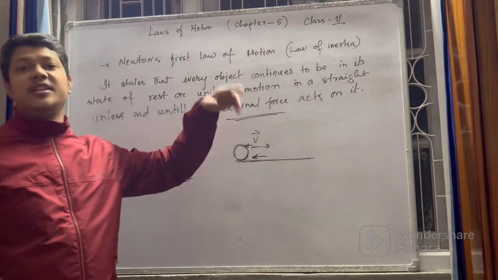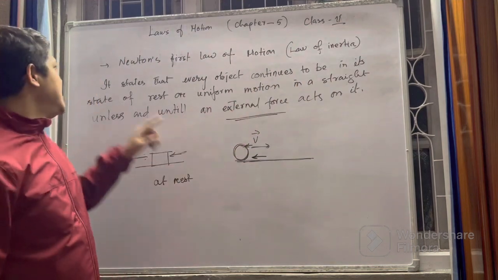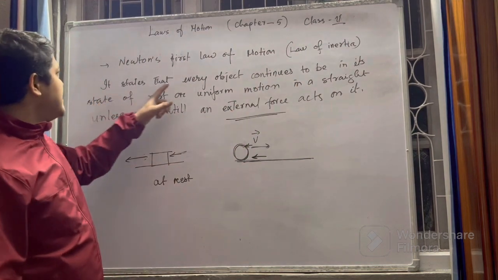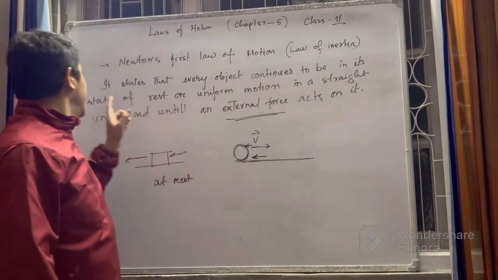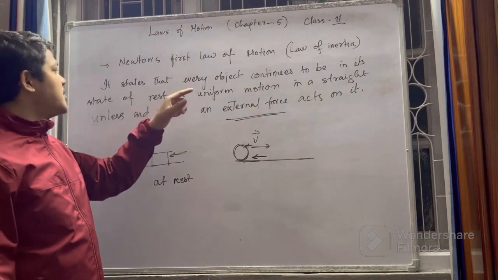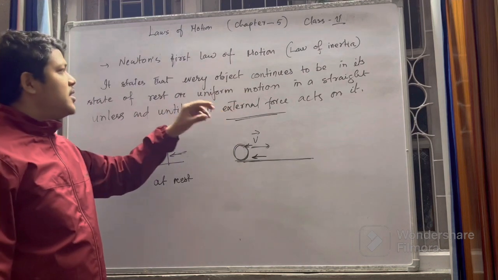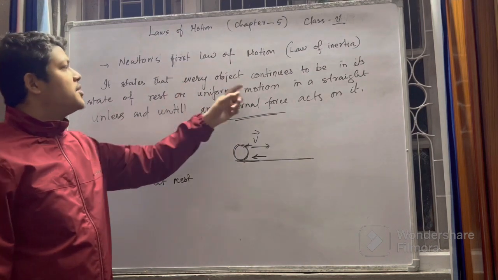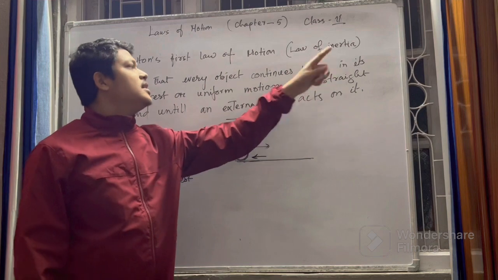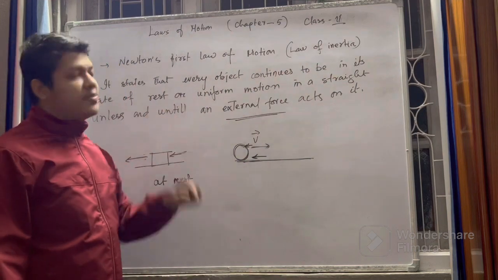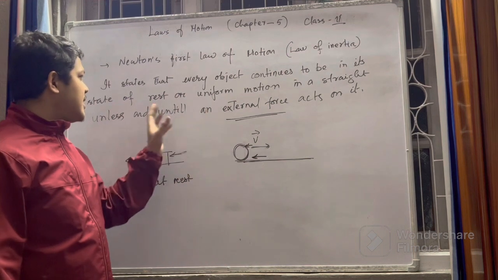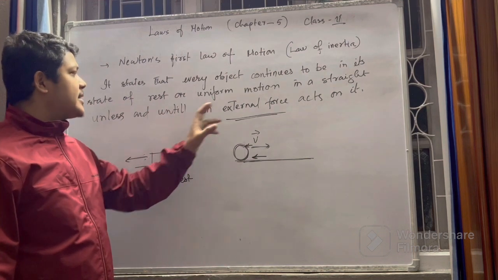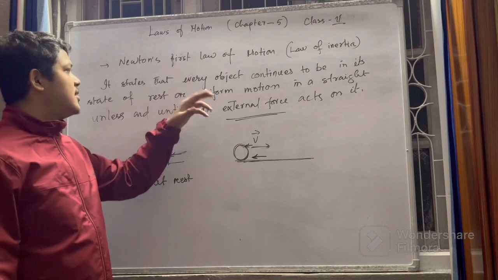That property is called inertia, and this law says that every object continues to be in its state of rest or uniform motion unless and until an external force acts on it.